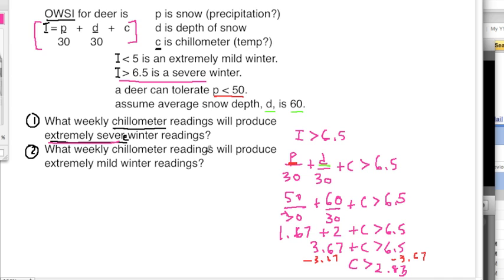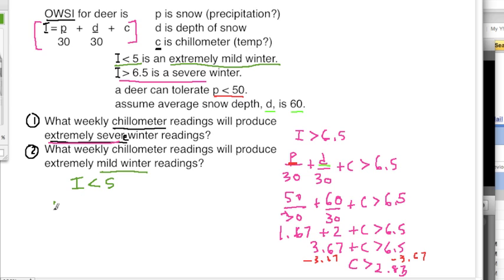And what weekly chilometer readings will produce extremely mild winter conditions? Let's do that in Fern. Now we're looking at this part, extremely mild winter. So we want I to be less than 5. It's the same drill. When is I less than 5?